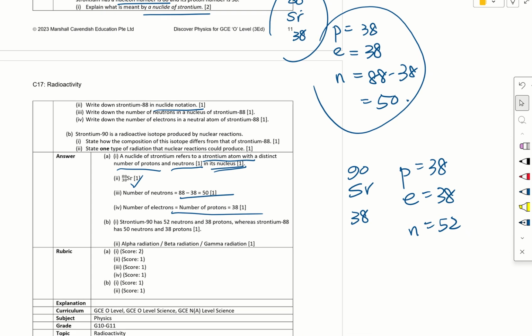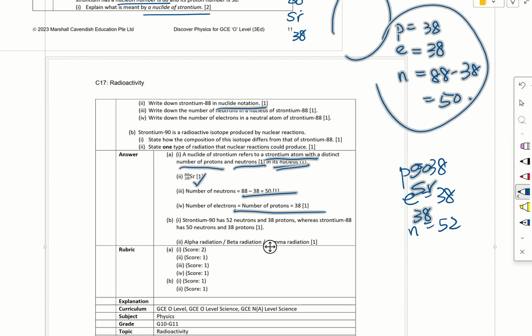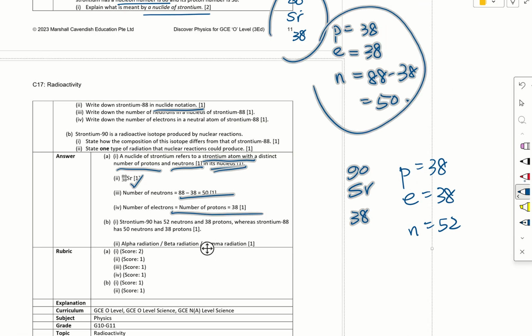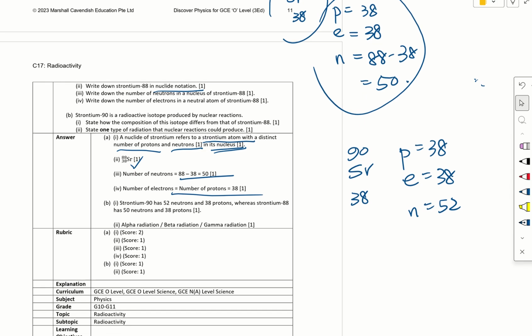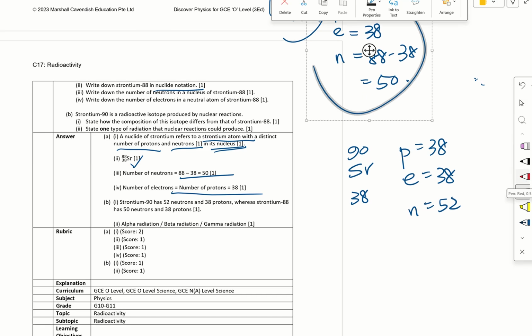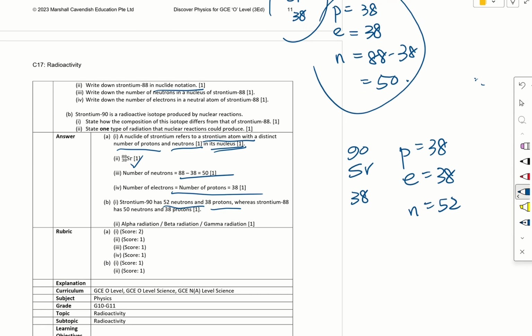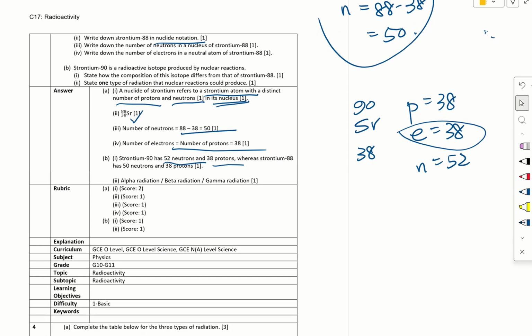State how the composition of this isotope differs from that of strontium-88. I think I already answered this when I worked it out. The number of neutrons is 52, the number of protons is 38. But actually they're asking for the nuclide, so sometimes you don't need to bring in your electrons. Because if it's neutral, then you can easily infer that the number of protons equals the number of electrons.